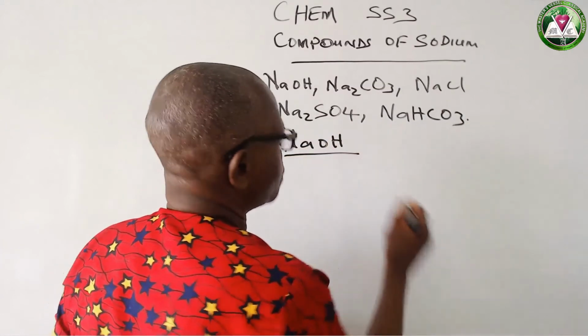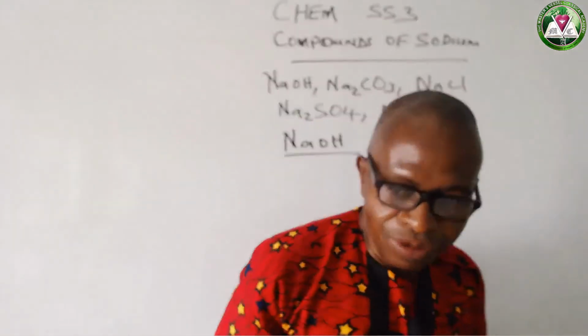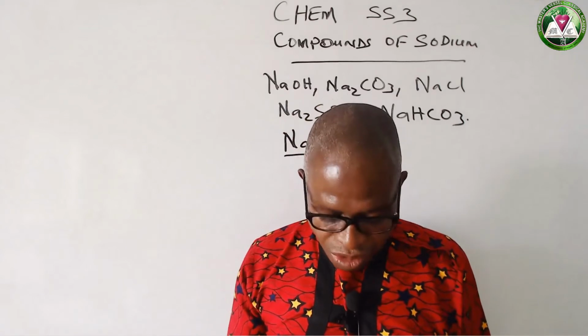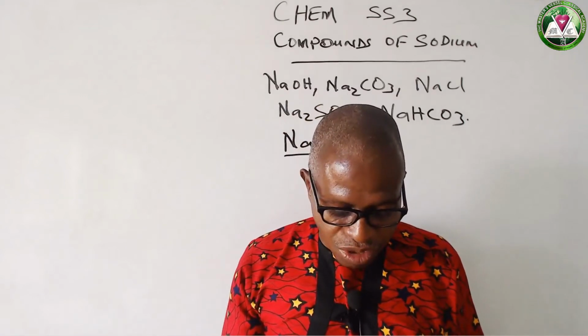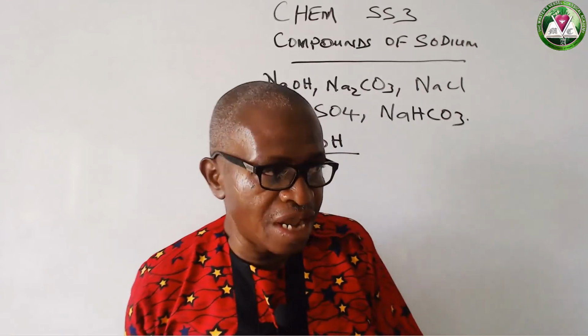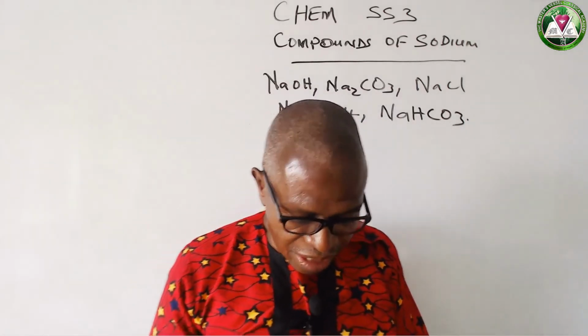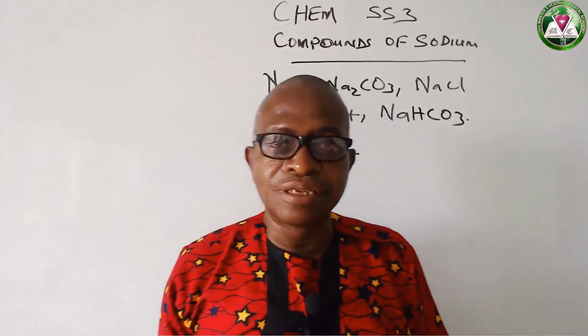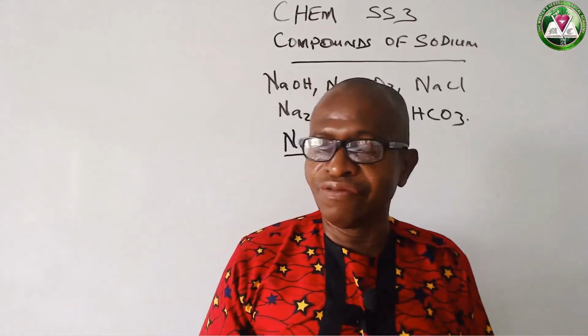I'll be using equations, you are in SS3. I'll be using equations to write most of these things because you are supposed to know their names. Sodium hydroxide, another name of sodium hydroxide is caustic soda. And you know that sodium hydroxide is a heavy chemical.